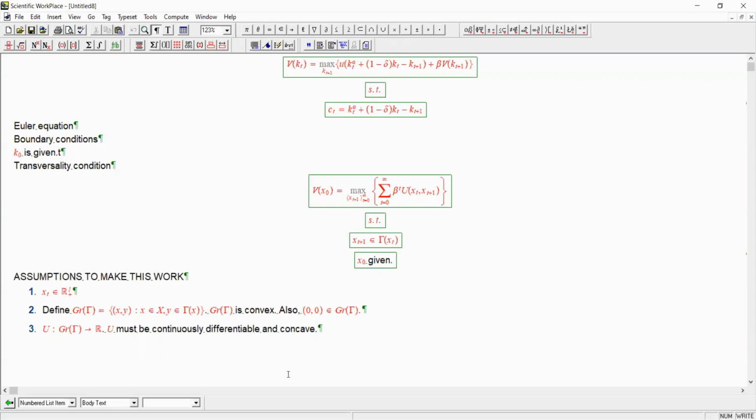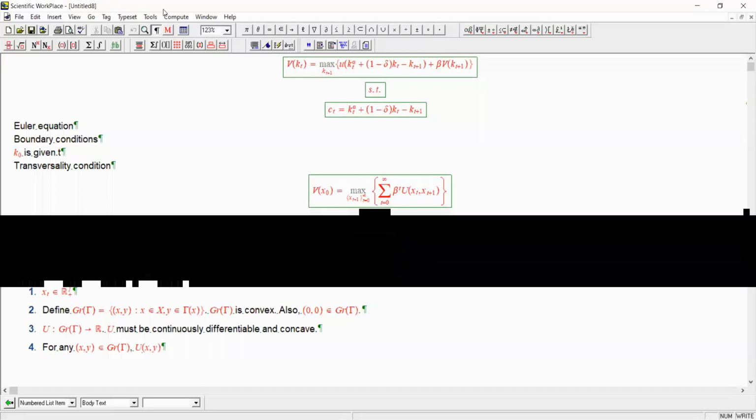Here is concavity. Next, we need that for any pair x, y in the graph of gamma, we need that the derivative of u with respect to y is less than or equal to 0.